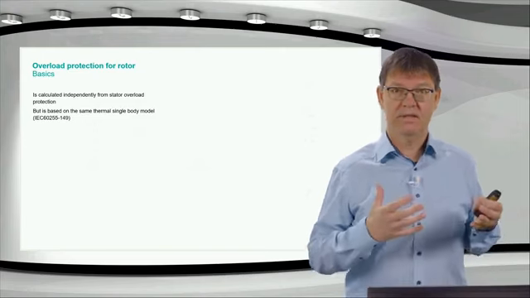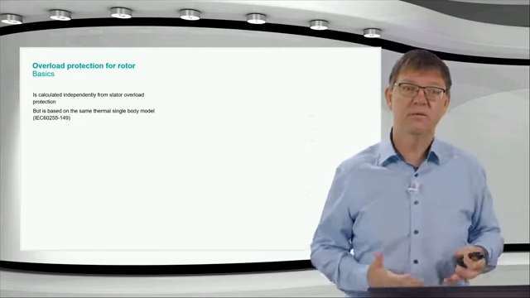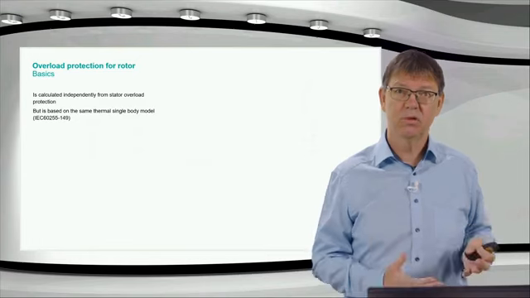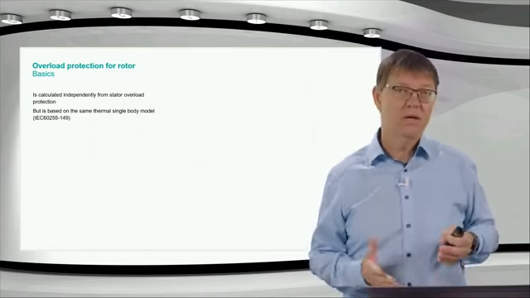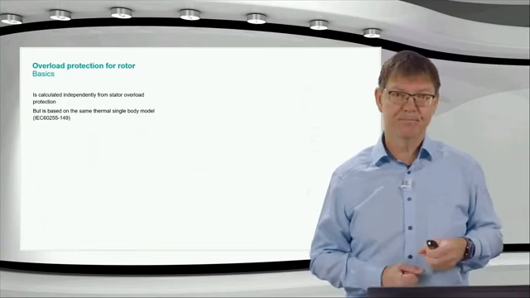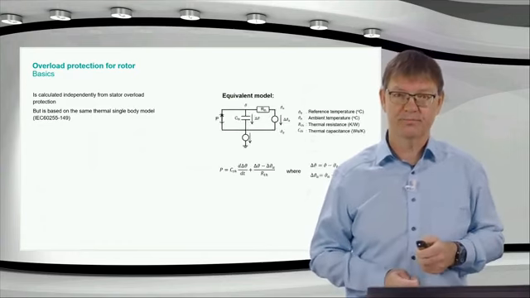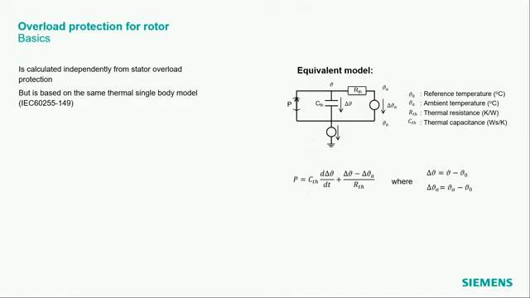However, what we use here for the rotor is based on the same thermal single body model, according to the IEC number there, as we use it for the stator overload protection function. Here is this equivalent model. I will not go too much into detail. It's called single body model because we have one thermal capacitance and a thermal resistance.